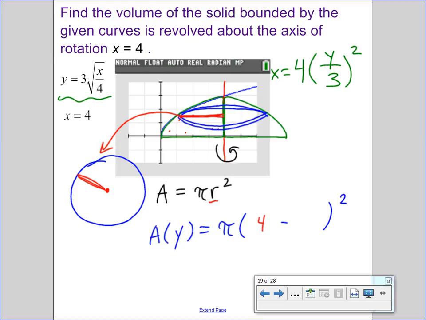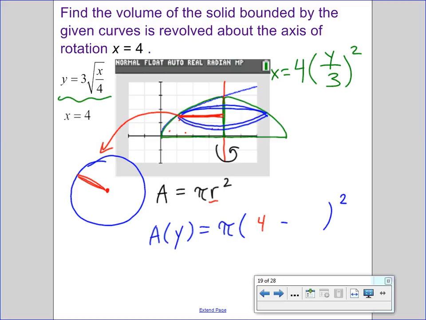You guys see that? Minus my left boundary curve, that green one, was originally a radical function, now it is x equals 4 times quantity y over 3 squared.